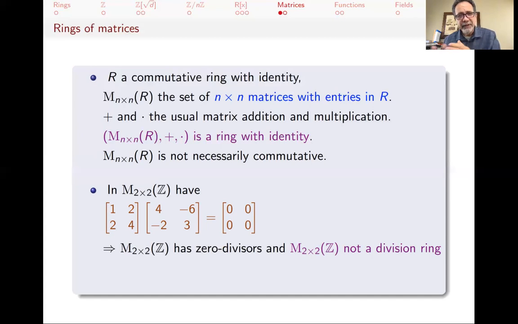I can't say field because it's not commutative, but it's not a division ring. Even more than that, it has zero divisors, which means that it's not an integral domain, in the sense of whatever integral domain means for non-commutative rings. We can't say integral domain because it's not commutative, but in any case, it's not it.